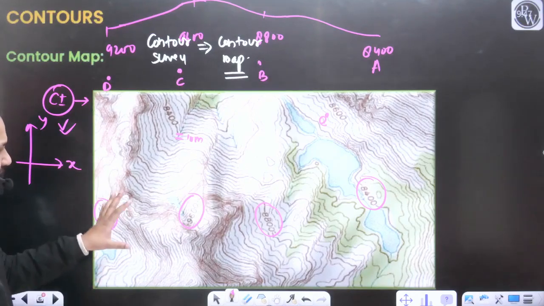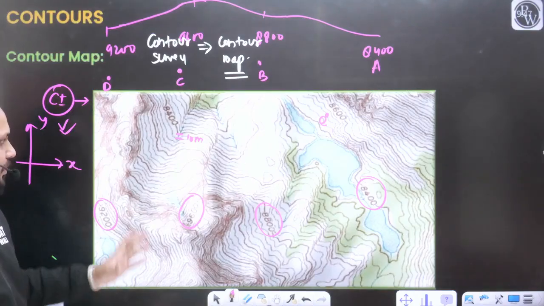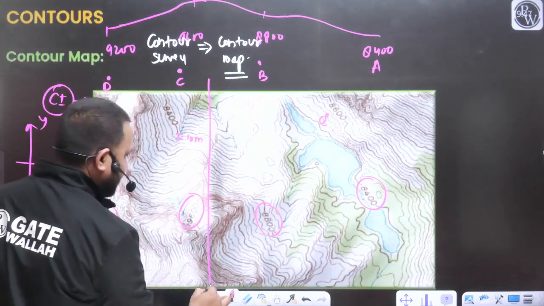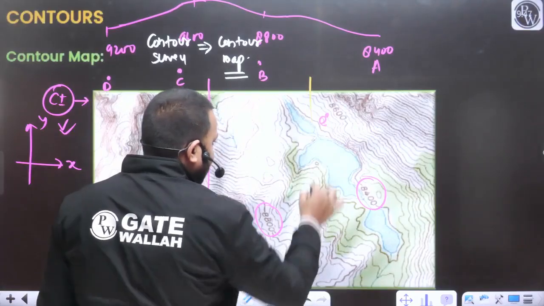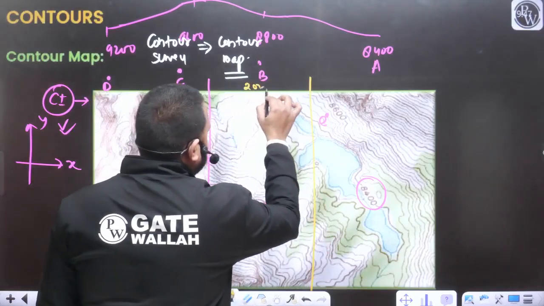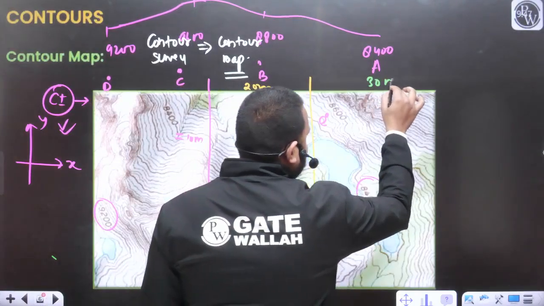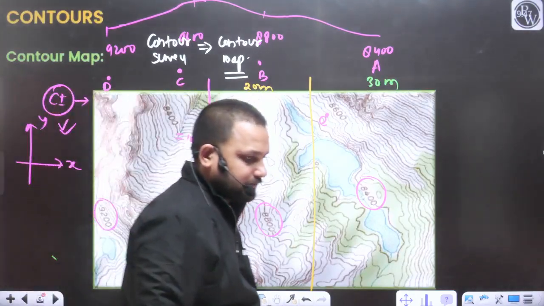So in that case, it will be easy to get the information. But one more case is there. You are saying, sir, for this portion the contour interval is 10 meter, for this portion the contour interval is 20 meter, and for this portion the contour interval is going to be 30 meter. So now it will be a little bit confusing, na?